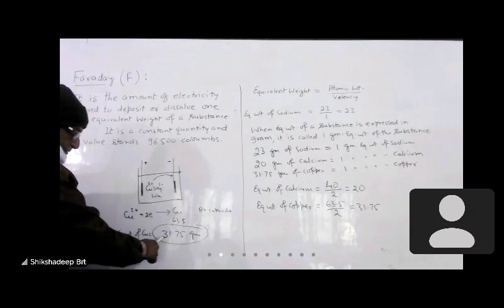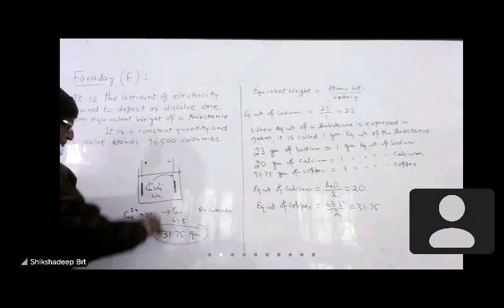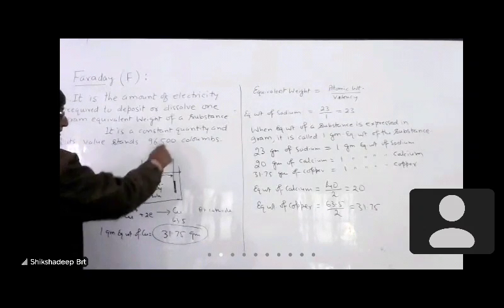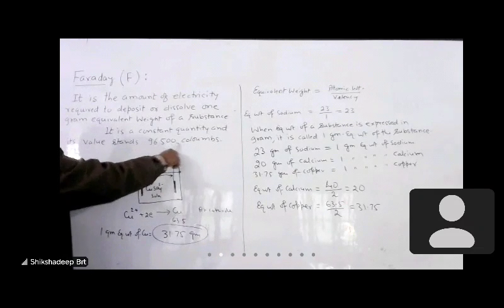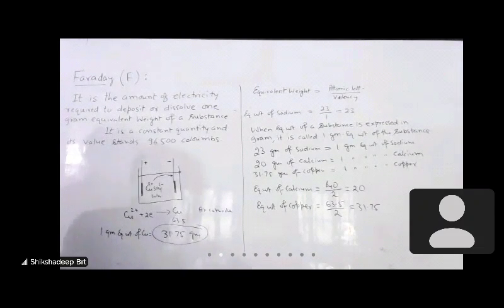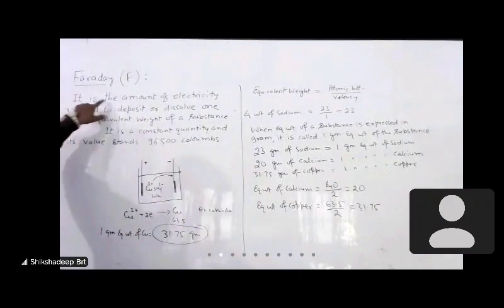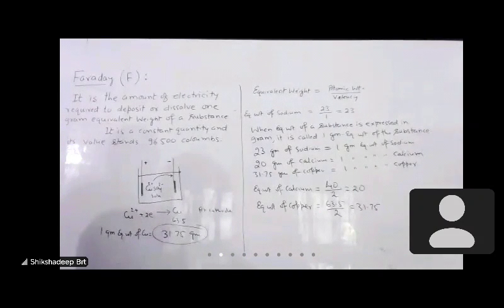And in order to deposit this much copper at the cathode, what amount of electricity is required? This much, 96,500 coulombs. We call it 1 faraday. So what is Faraday? It is the amount of electricity required to deposit or dissolve 1 gram equivalent weight of a substance.